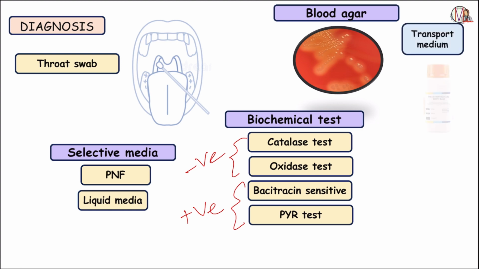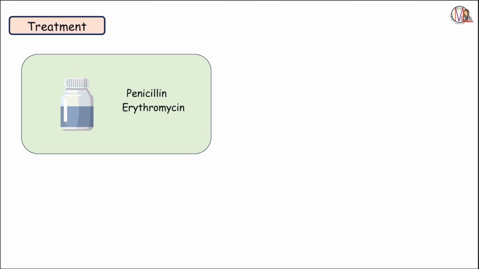And as transport media, Pike's media is used. Treatment typically involves penicillin administration, as Streptococcus pyogenes has not shown resistance to it. However, for individuals allergic to penicillin, erythromycin can be prescribed as an alternative.